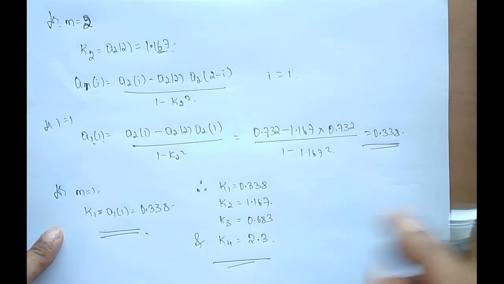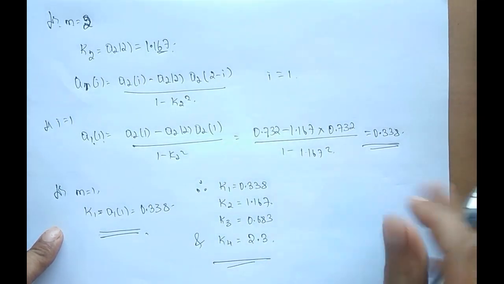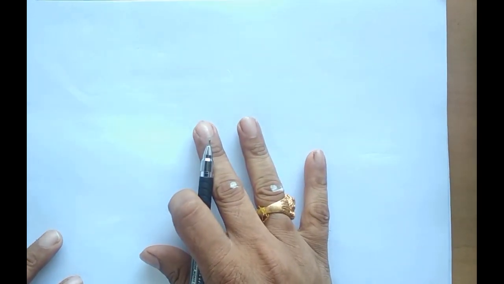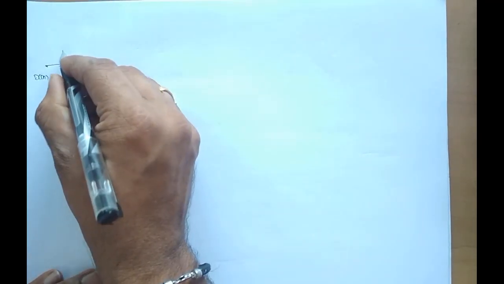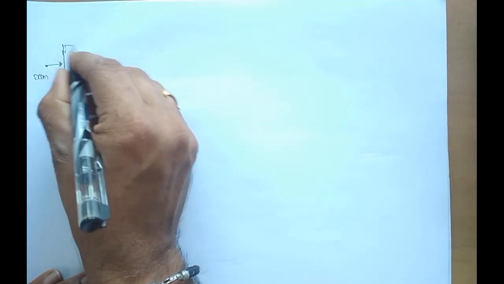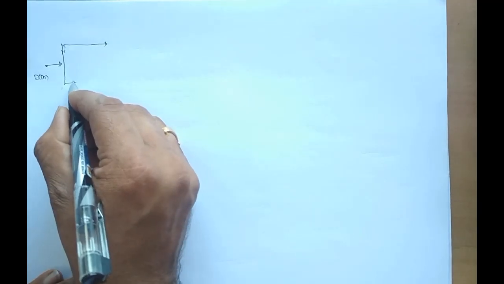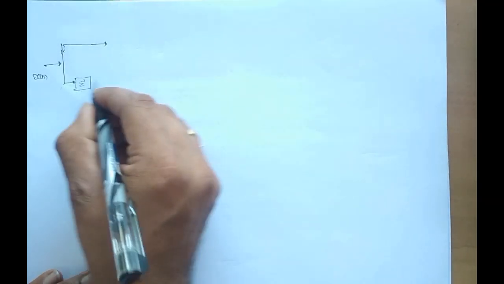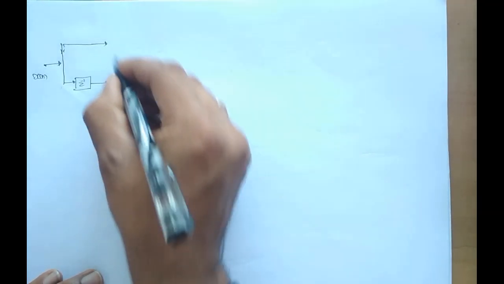Now I have to realize this. It's a fourth order lattice structure. So I need to realize this fourth order lattice structure. It is 4 cascaded first order lattice structures. So we have x of n coming here, z power minus 1, and an adder.